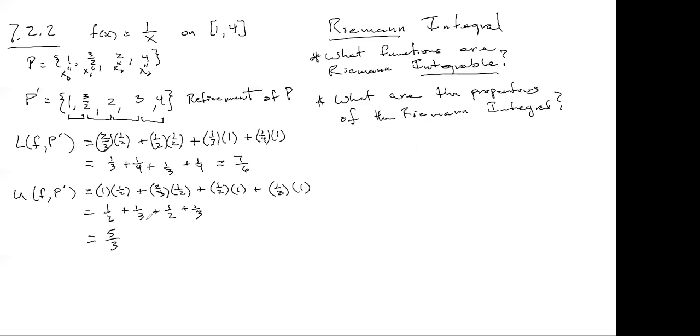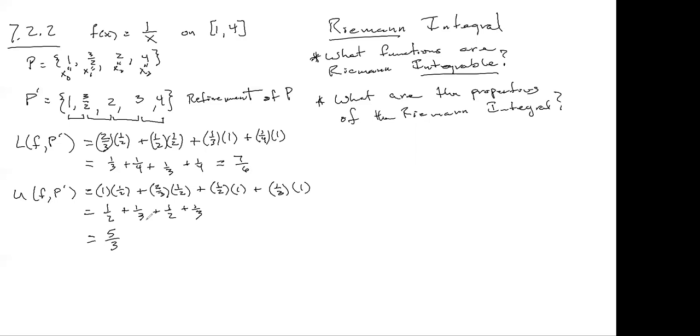Mm-hmm. So the lower integral is the supremum of the lower sums, and the upper integral is the infimum of the upper sums. Now, in practice, those infimums and supremums are over every possible partition, so it's not really practical to do that.